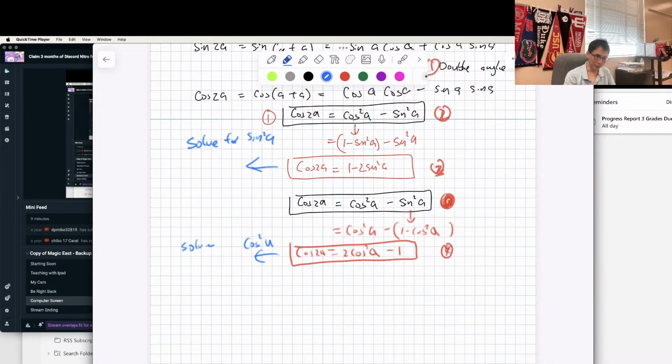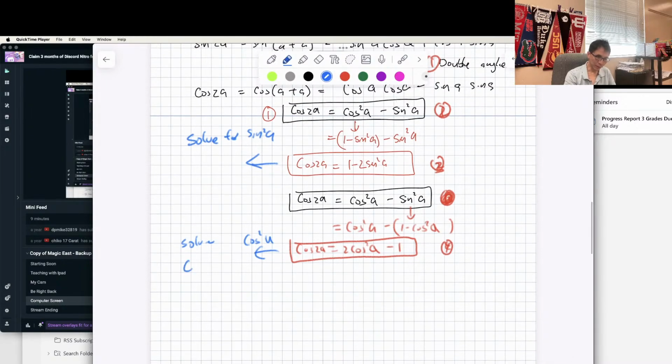You just move the 1 to the other side. So cosine of 2a plus 1 all over 2 is equal to cosine square of a. I basically solve for this. I move the 1 over, it becomes 1 plus, and then divided by 2.